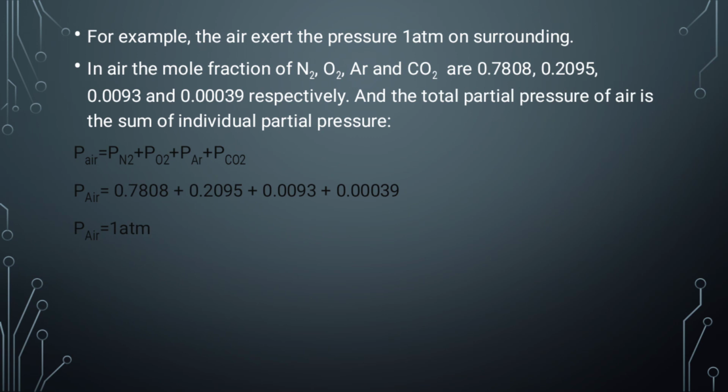So P air = 0.7808 + 0.2095 + 0.0093 + 0.00039, so P air = 1 atm.